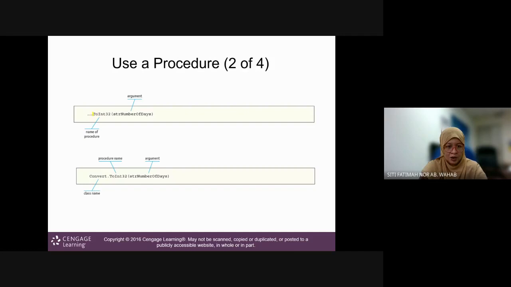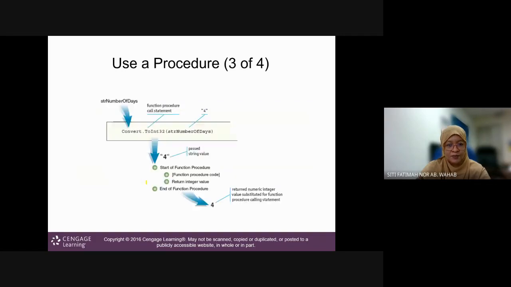So ni, toInt32, the argument is inside the bracket. So, apa yang kita hantar adalah number of this. So, convert ni adalah class name dot toInt32 procedure name dia. Argument dia apa yang dia nak convert.